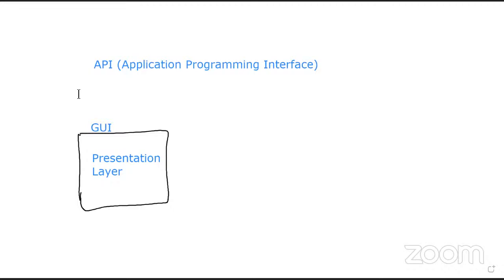So why do we call it a presentation layer? Because we are presenting something to the user and the user is able to click here, perform some actions, add the items to the cart, place the order. Everything is performed using this UI where the images are displayed. Everything is present in front of the user in the form of graphical user interface on these HTML pages.